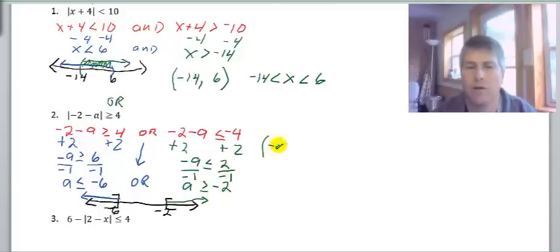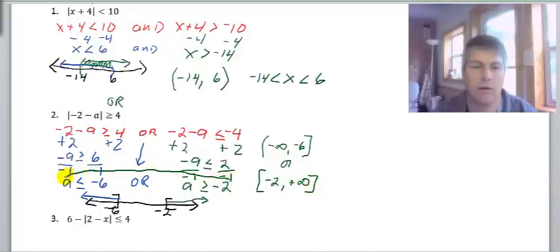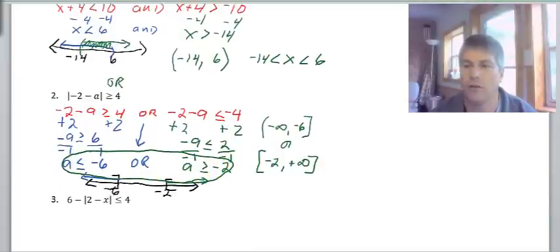I'm going to go negative infinity to negative 6, or negative 2 to positive infinity. And then you could just write your algebraic solution this way. So there's your 3 different ways to answer that particular question.